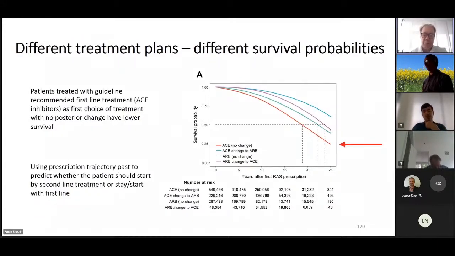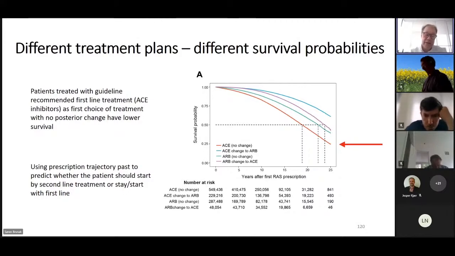What we discovered when you compare 4 groups is shown in this figure: years after the first RAS prescription, and the survival probability on the y-axis. The groups are patients staying on ACE, staying on ARB, changing to ARB from ACE, or the other way around, and there's quite a difference in mortality. So there could be an idea in finding out whether some of these should be prescribed in a different way, or should be checked for a possible change in the prescription.